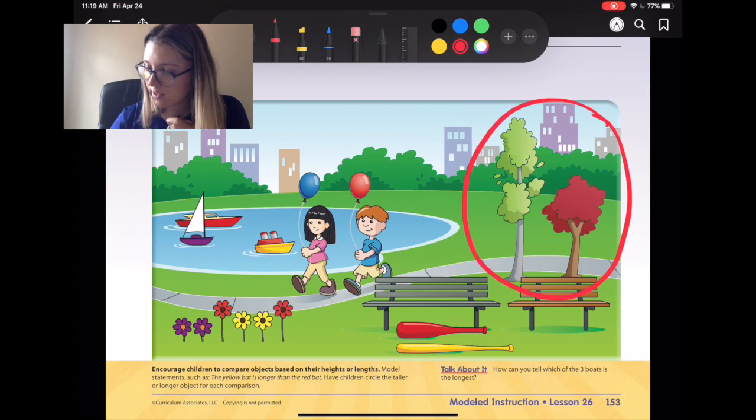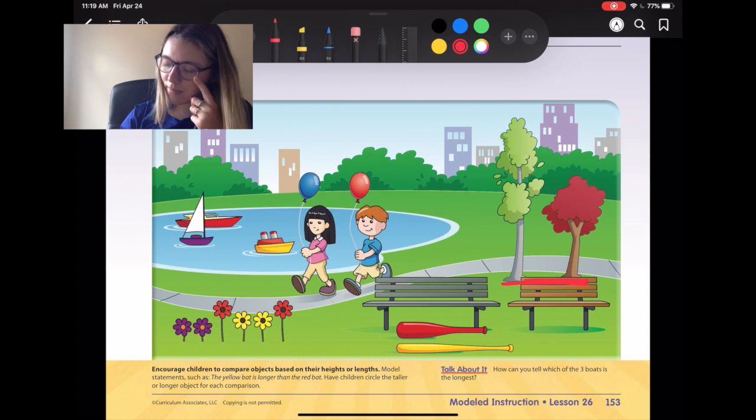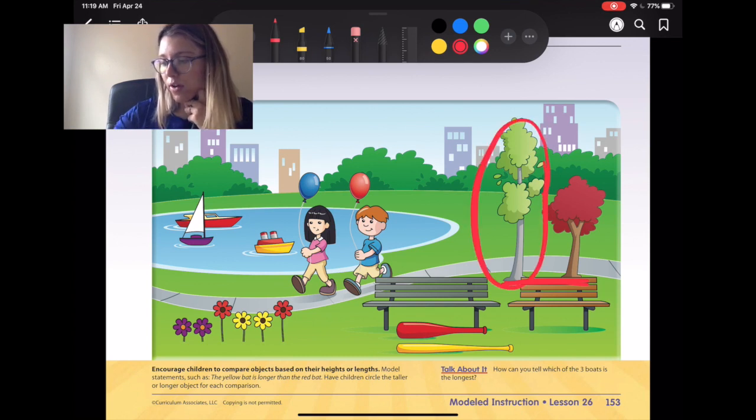The trees both are on the ground, so we know that they're lined up, right? Which tree is taller? This green tree. How do you know this green tree is taller? Because there's a bunch of space in between the top of this red tree and where the top of the green tree is. There's more of the green tree there, right?